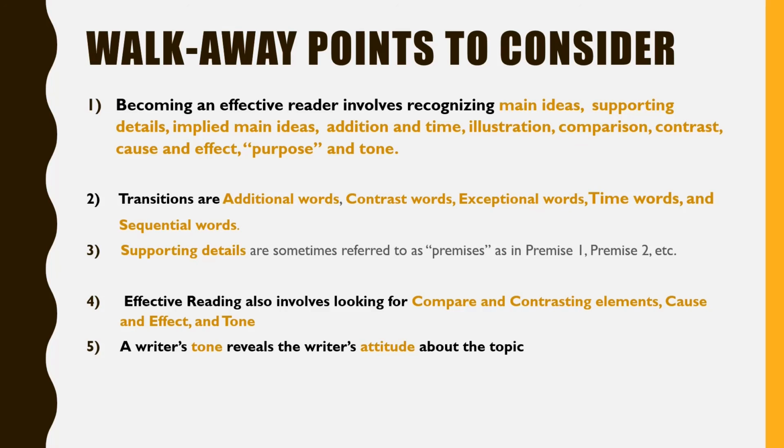Supporting details are sometimes referred to as premises, as in premise 1, premise 2, and so forth. Effective reading also involves looking for comparing and contrasting elements, cause and effect, and tone. A writer's tone reveals the writer's attitude about the topic.